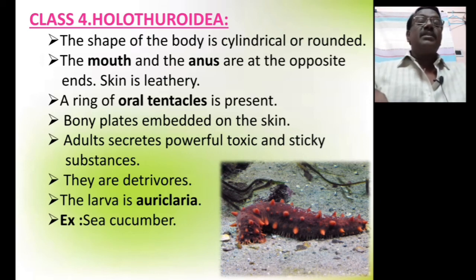The shape of the body is cylindrical and rounded. And the mouth and anus are located at the opposite ends. The skin is leathery. The ring of oral tentacles is present, and bony plates are embedded in the skin.